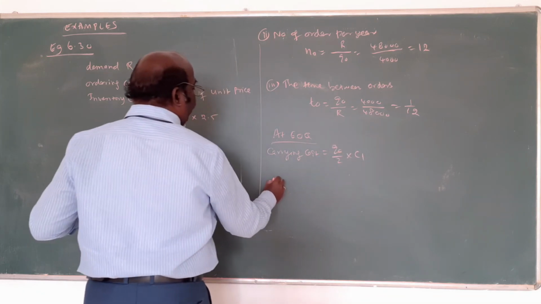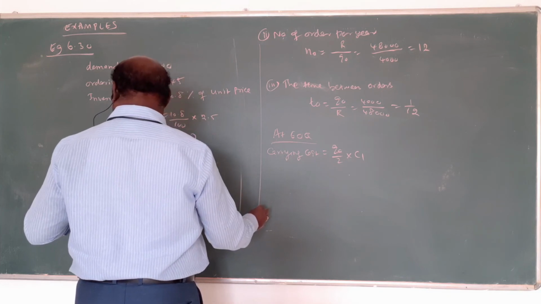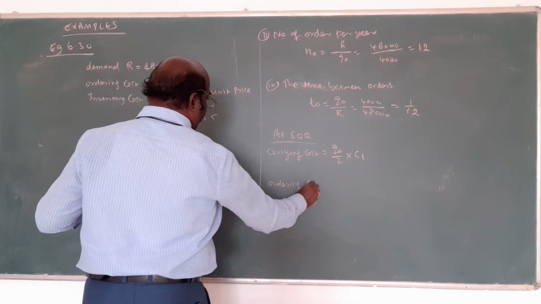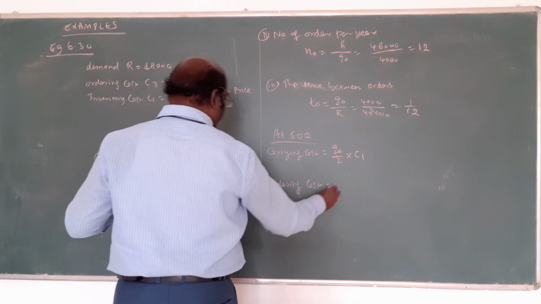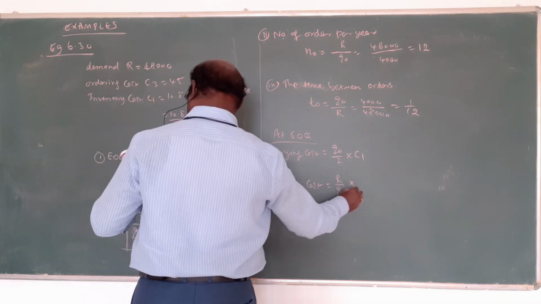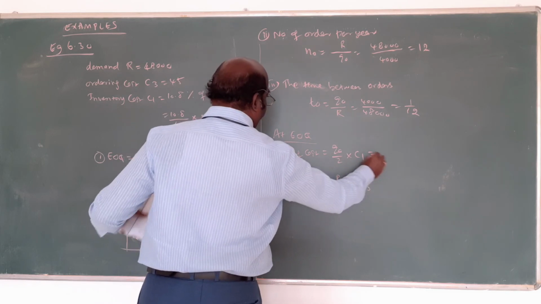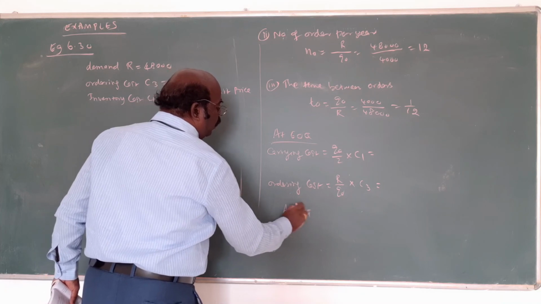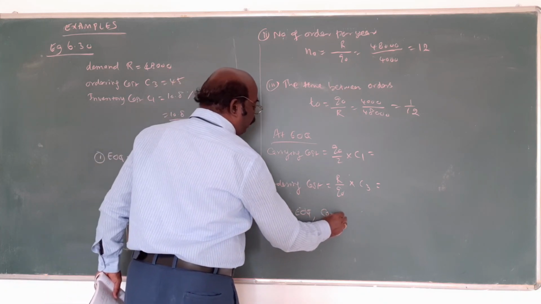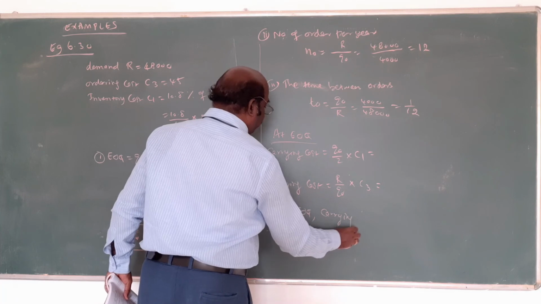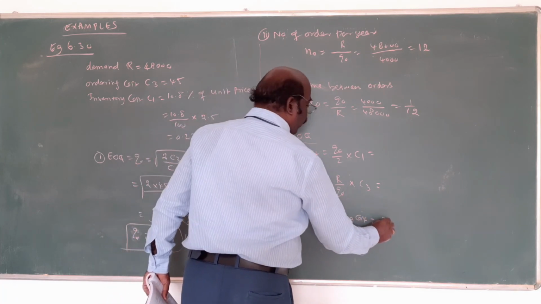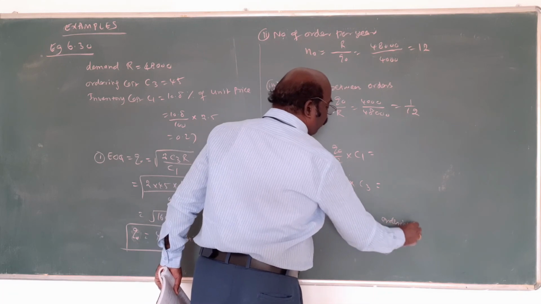The formula for ordering cost is R by Q naught into C3. At the EOQ, the ordering cost will always be equal to the carrying cost. Very important concept. Definitely both terms will be equal.